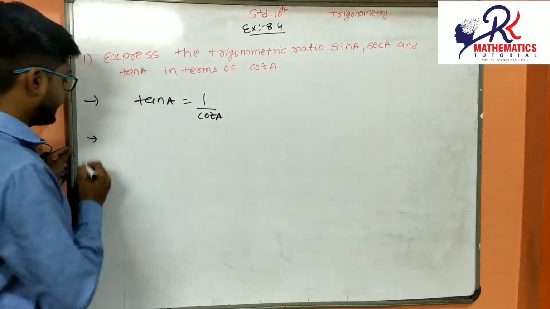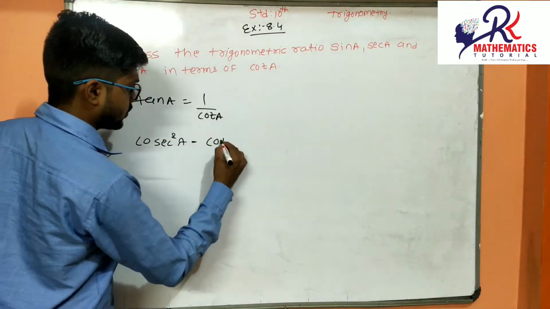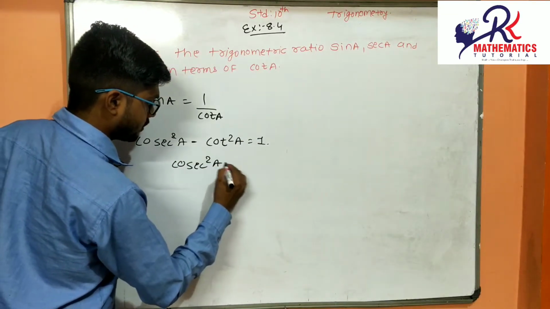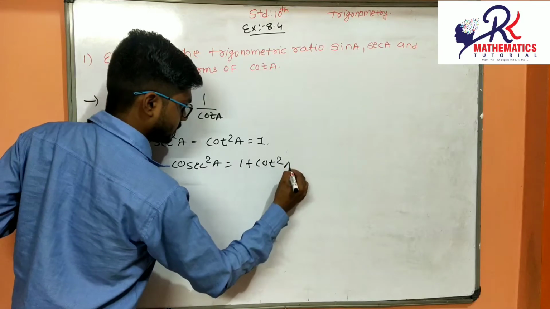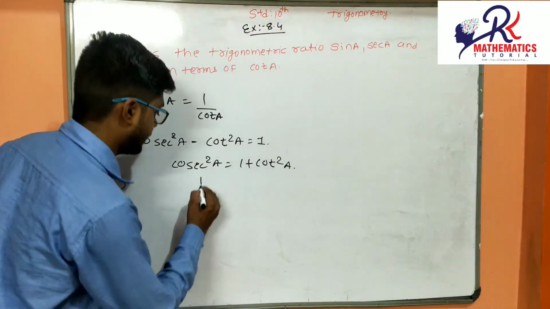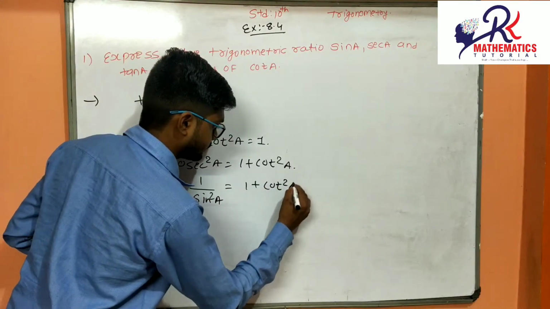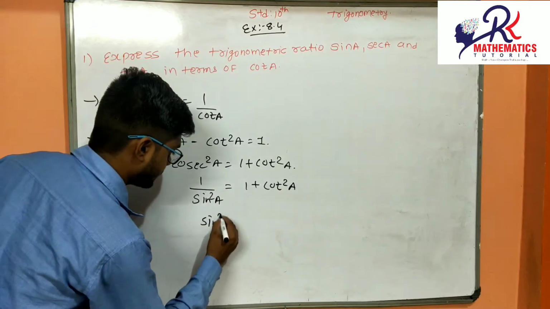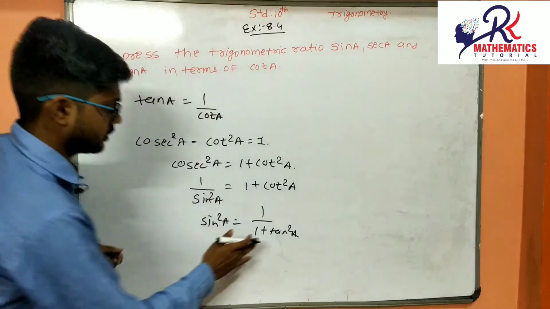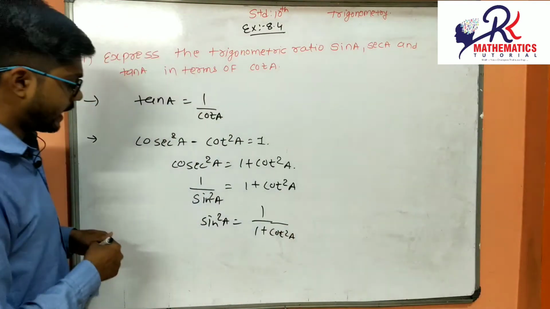Now using the identity, cosec square A minus cot square A is equal to 1. So cosec square A is equal to 1 plus cot square A. Now we all know cosec is the inverse of sine, so we can write 1 upon sine square A is equal to 1 plus cot square A. So sine square A is 1 upon 1 plus cot square A. Here we take the inverse.